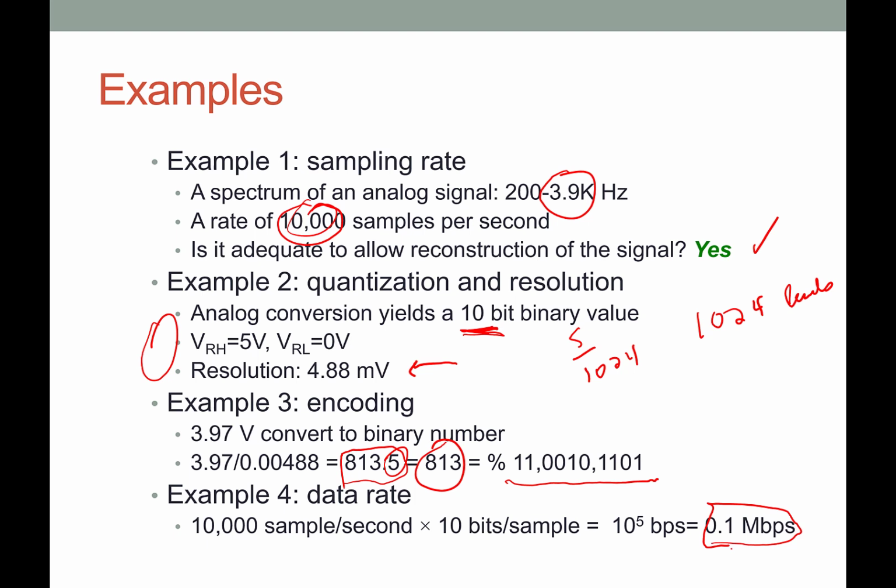To give you an idea of these numbers, 1.1 megabits per second would have been pretty fast, but with these new HDMI 2.1 cables that are having to support up to 8K TV with audio, I think the data rate is like 48 gigabits per second if you max it out. So this is a relatively low bit rate for this particular one.